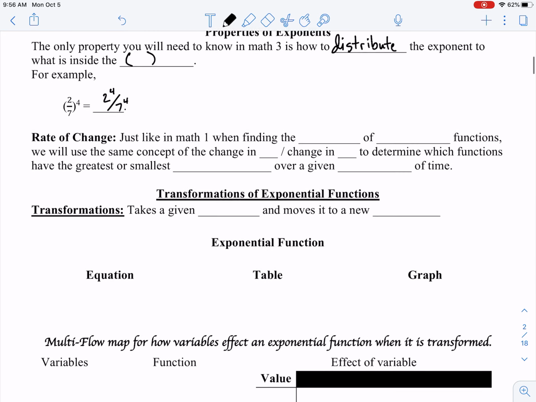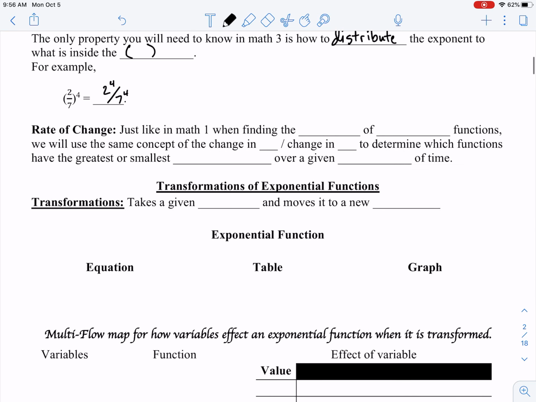Now, going way back to Math 1, we're going to talk about rate of change as well in Math 3. So remember, rate of change is often referred to as slope. Slope is often talked about in linear functions.